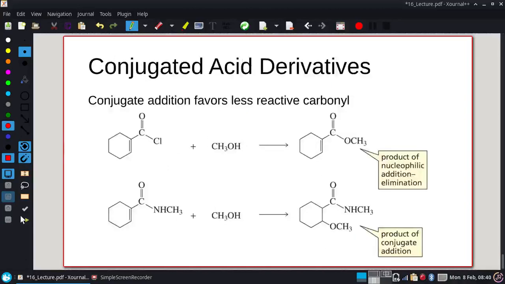Okay, now our carboxylic acid derivatives, like chlorines and anhydrides, can do something kind of different. So the more reactive the acid derivative is, the more likely it's going to actually just do an addition, elimination, nucleophilic switch. So this isn't even going to get a chance to react with the backside.